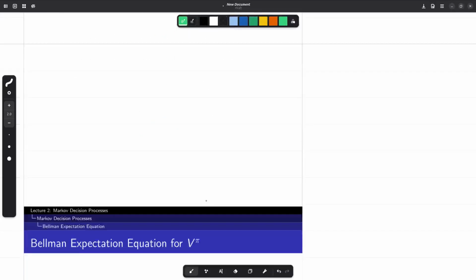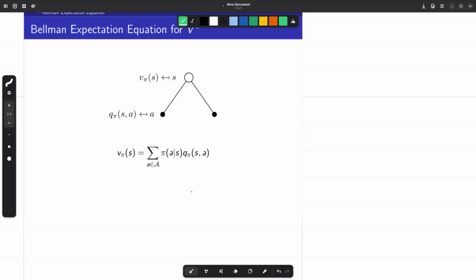So we can show it as a graph for calculating when we have a policy which chooses our action for us. If we want to calculate the value of a state, it would be the probability of choosing each action times the value of that action. So it is really straightforward.